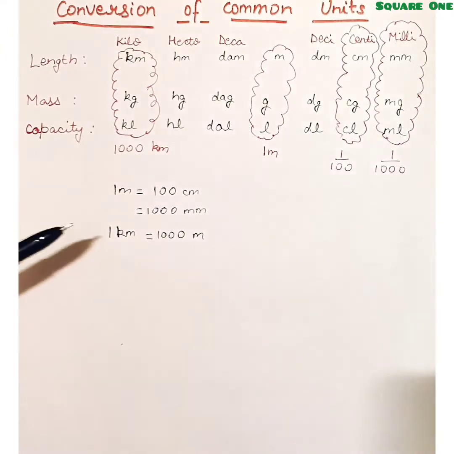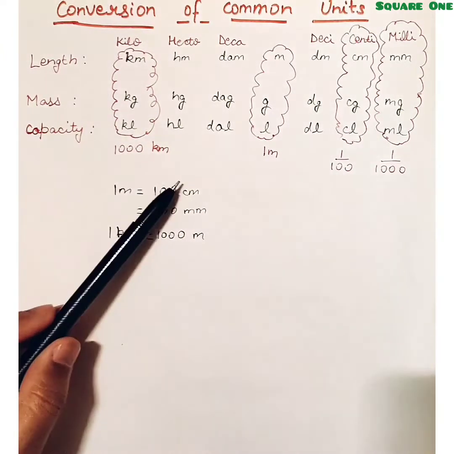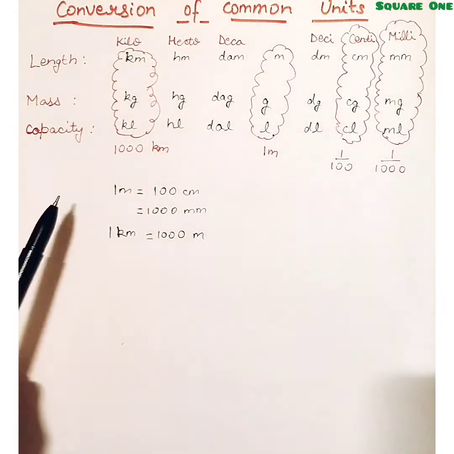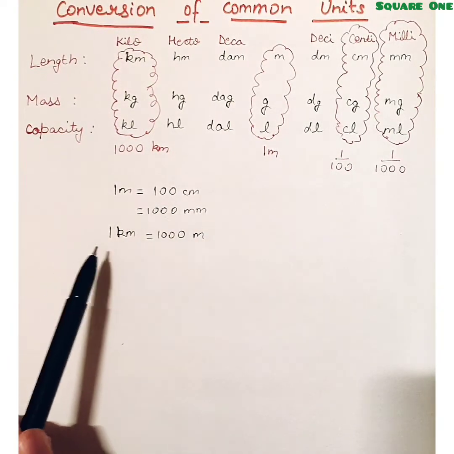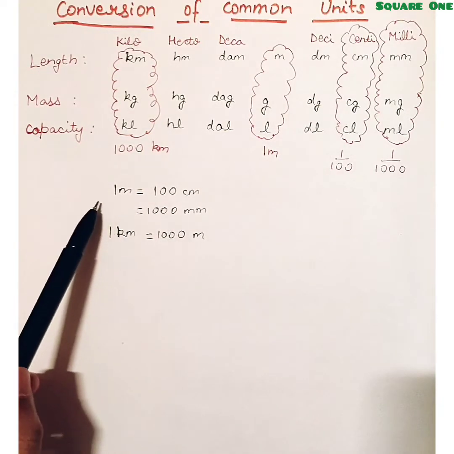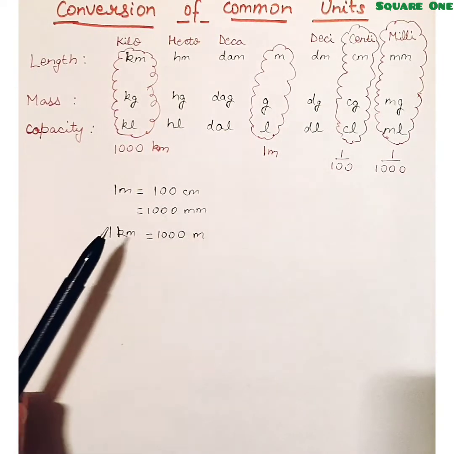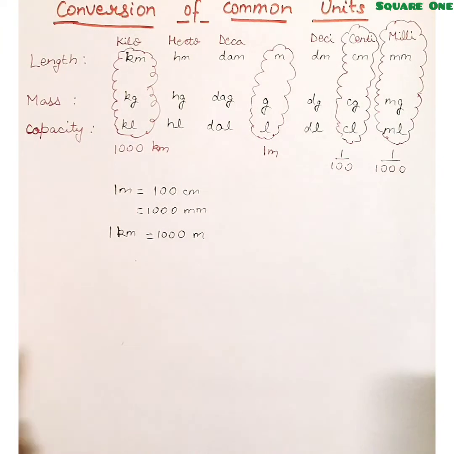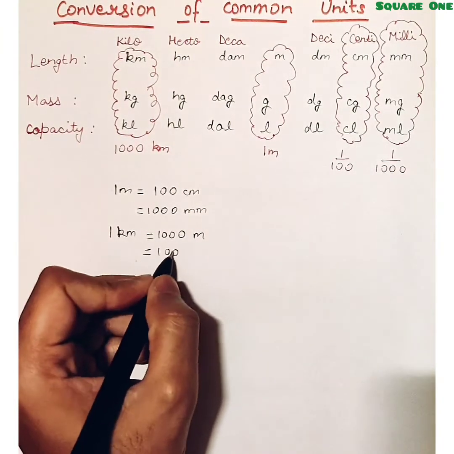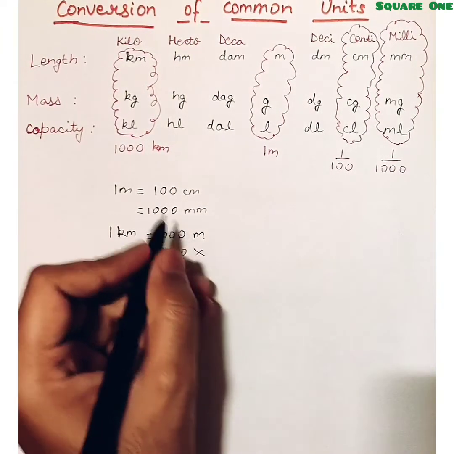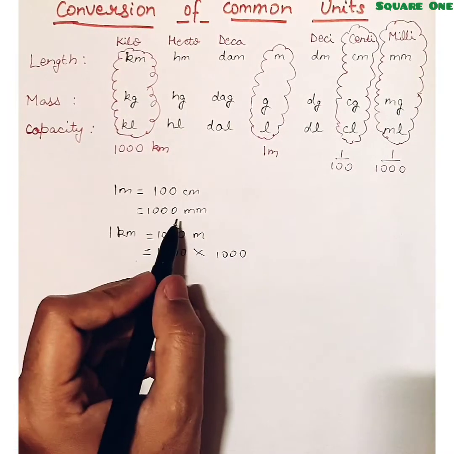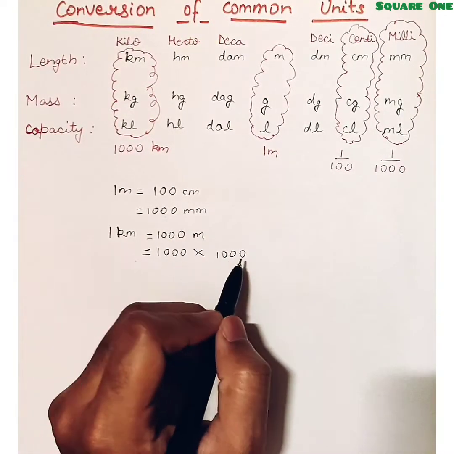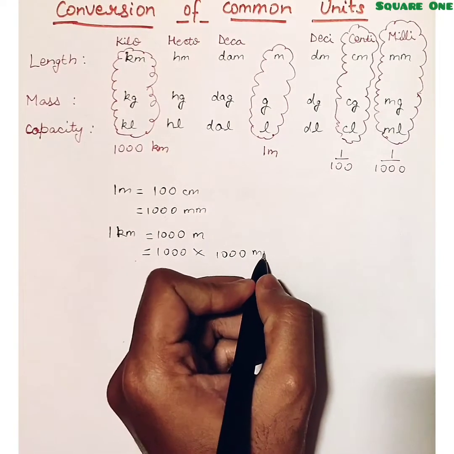Now if I have to compare kilometer with centimeter or millimeter, we have seen that 1 meter is equal to 1000 millimeters, and 1 kilometer is equal to 1000 such meters. What about millimeters? How many millimeters make up 1 kilometer? We multiply this meter again by 1000, because 1 meter is equal to 1000 millimeters, so we replace meter with 1000 millimeters.